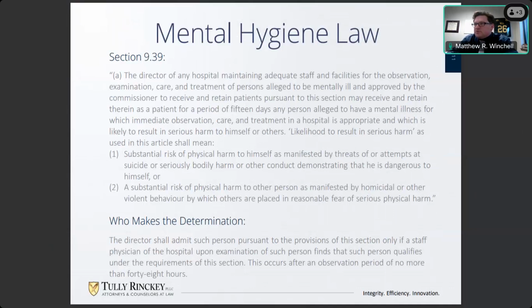You'll get all of that information from them as well. The DAs usually aren't involved because it's not criminal in nature. I guess 9 times out of 10, it's not criminal in nature. It's mostly the 9.39, your Mental Hygiene Law, in nature.